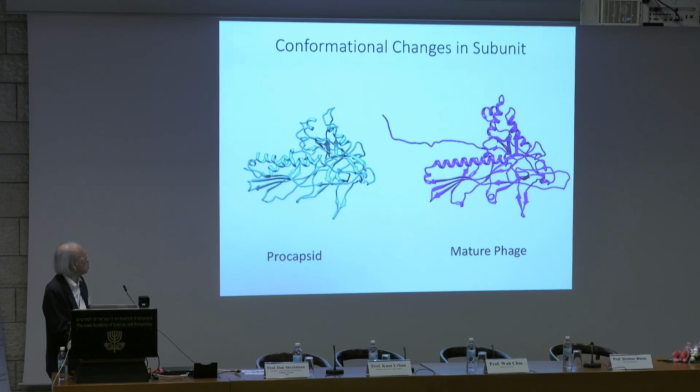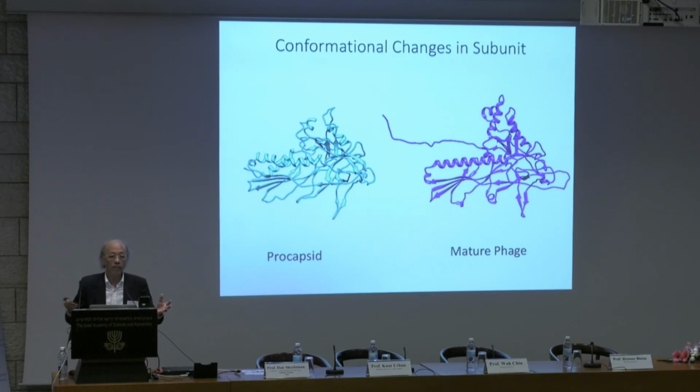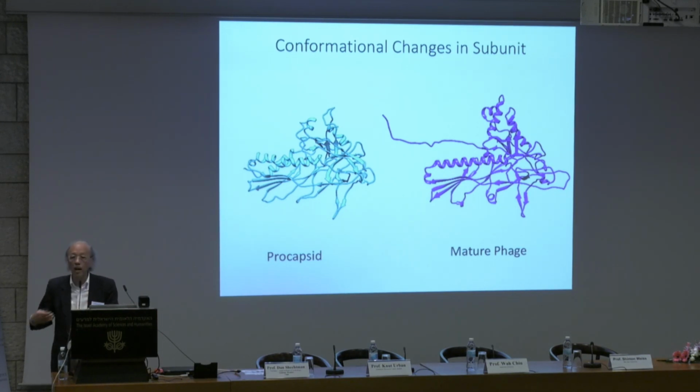This one is sticking out this way, while this one is folding in at the back of this helix, and the loops are also different. So from these two models, it's quite obvious that there is substantial tertiary structural change when the capsids are transformed from the procapsid form into the mature form upon the entrance of the genome.